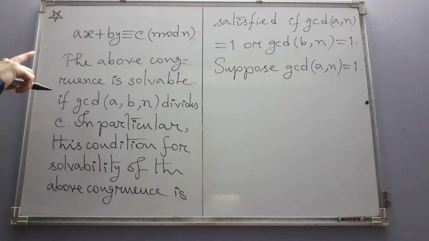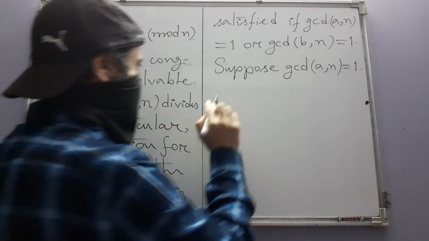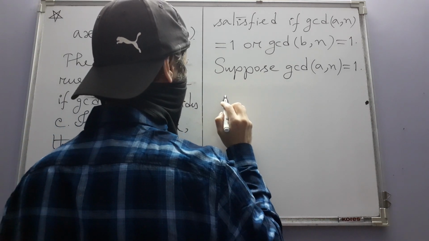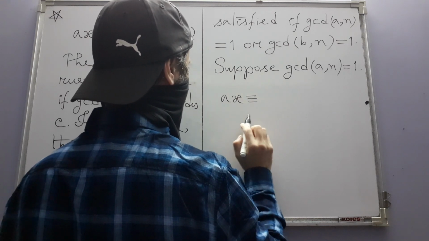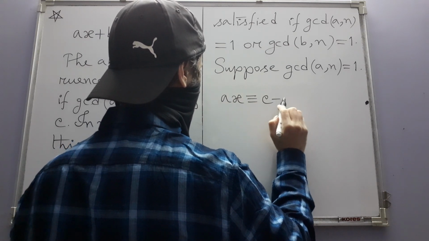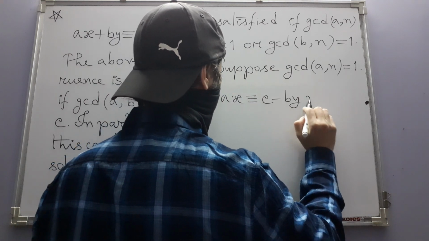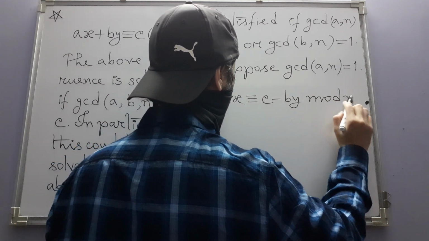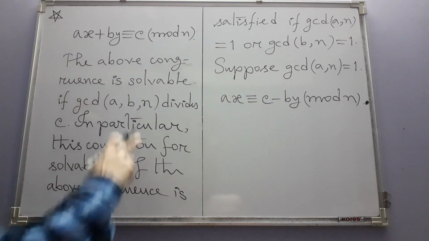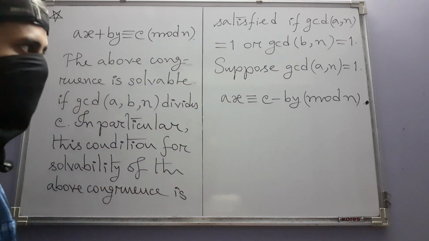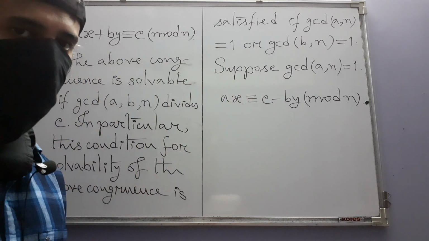We can rewrite this congruence slightly differently like this: AX is congruent to C minus BY mod N. Obviously, from properties of congruences, we know that these two congruences are equivalent.